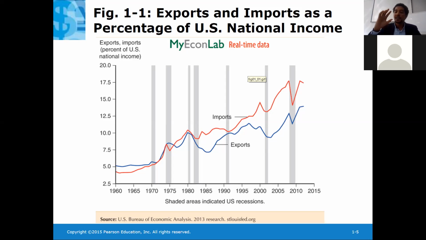Countries blame China because China intentionally creates the trade surplus, and I will tell you how you can intentionally create a trade surplus. One example is you can devalue your currency.